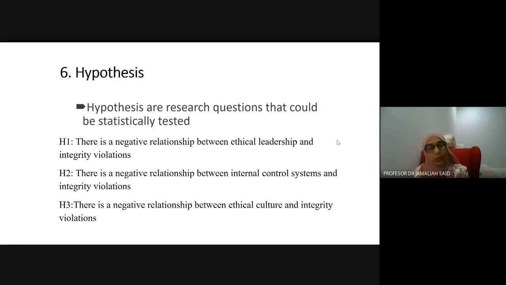Assuming you're using quantitative, when you develop objective one just now, to examine the relationship between ethical leadership and integrity violation, then you develop the hypothesis. The hypothesis is like: there is a negative relationship between ethical leadership and integrity violation. That is the common way to develop a research hypothesis.